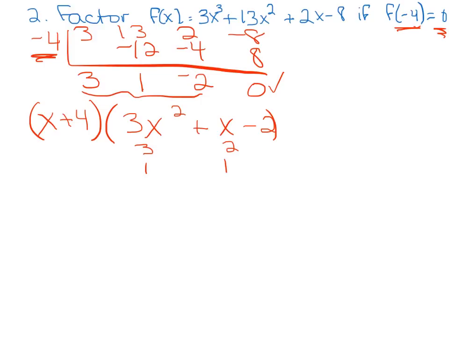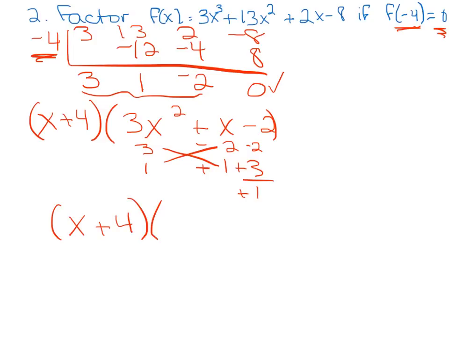Let's try a 2 and a 1. If I cross multiply 3, if I cross multiply a 2, I need to be able to subtract and get 1. 1's got to be positive, 3 must be positive, 2 must be negative. So we then can factor down to x plus 4 times 3x minus 2 times x plus 1.